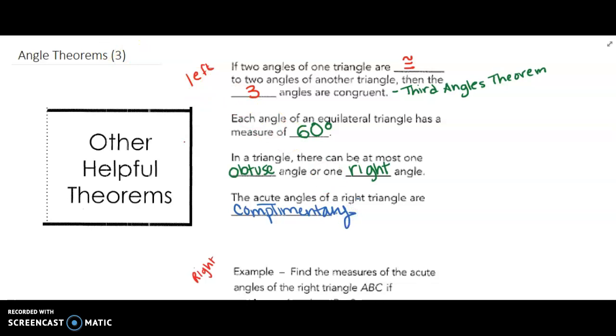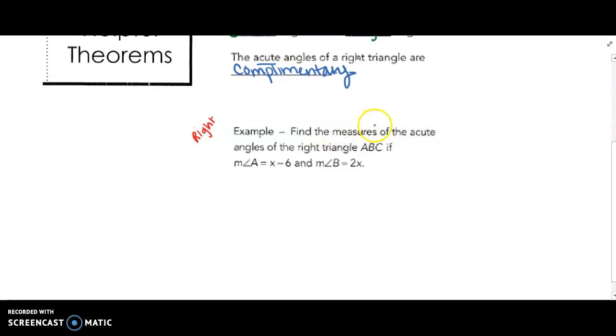Okay, now let's look at this example. All right, it says find the measures of the acute angles of a right triangle ABC if angle A is x minus 6 and angle B is 2x. All right, well, we have a bunch of words and we don't have a picture, so we're going to draw a picture. So we have a right triangle.